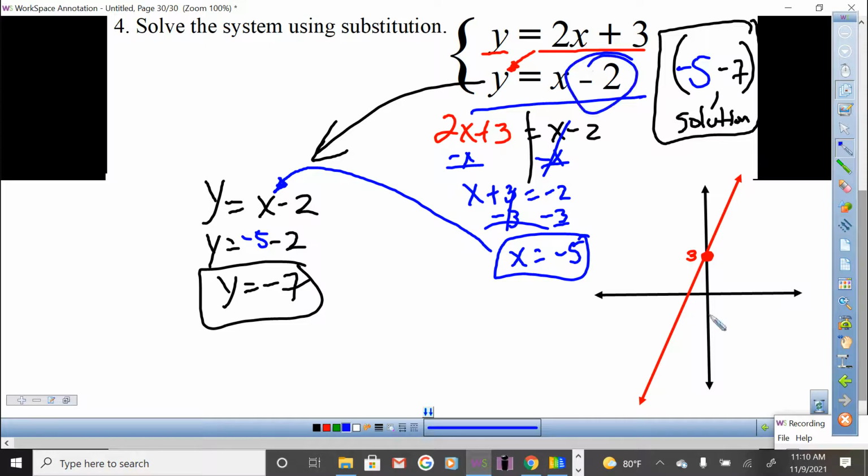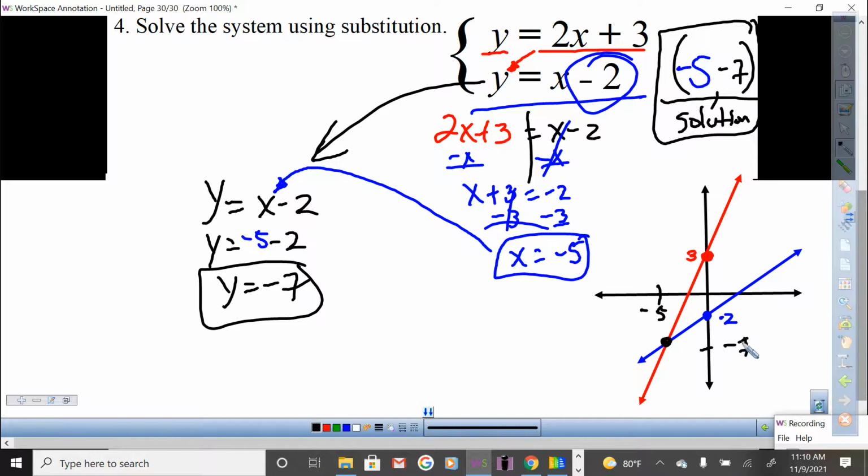At negative 2. Negative 2 is down here, and that one's going to look something like that. Guess what? This point should be negative 5, negative 7, something like that. So what is that point that we find at the end of the solution where both graphs intersect?